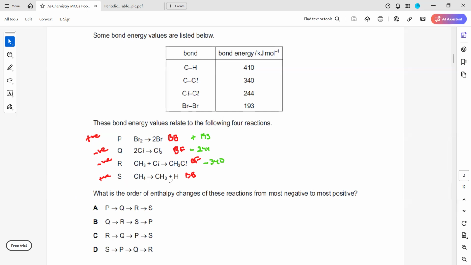And carbon-hydrogen bond breaking is 410. So what is the order? We need from most negative to most positive. R is the most negative, then followed by Q, then followed by P, which is 193, and followed by S. So C will be the right answer.